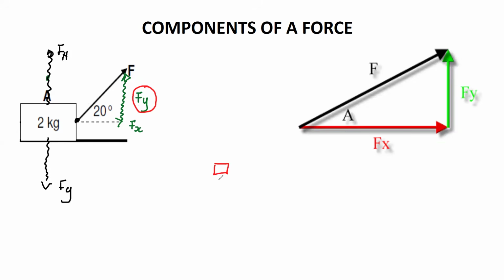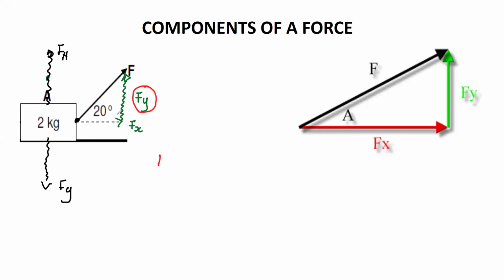Now, usually we have a situation like this, where we usually say Fn will be equal to Fg. But under this situation, notice that you've got two upward forces. There is an Fy, I'm repeating, there is an Fn, and they're all acting upward, and the downward force is Fg.